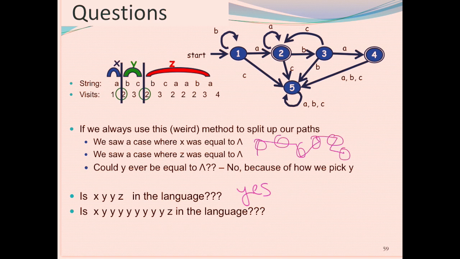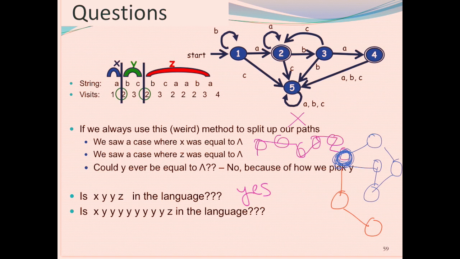But whatever I do, I end up at this special state because the x part takes me there. The y part takes me on a journey somewhere that ends up back at this state, and then the z part keeps going from there.